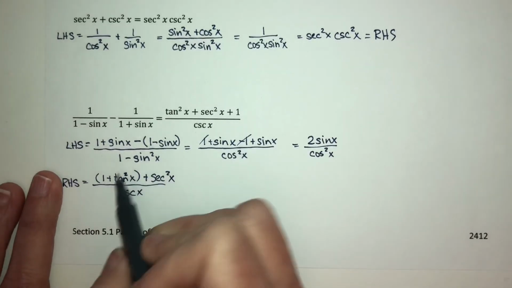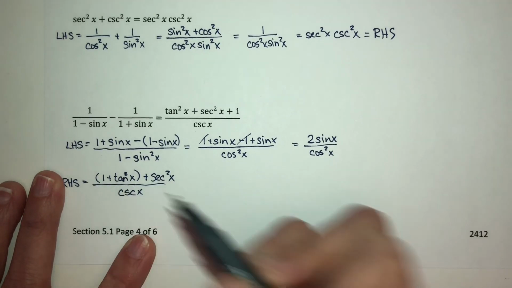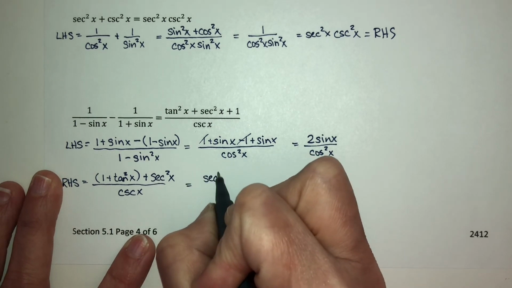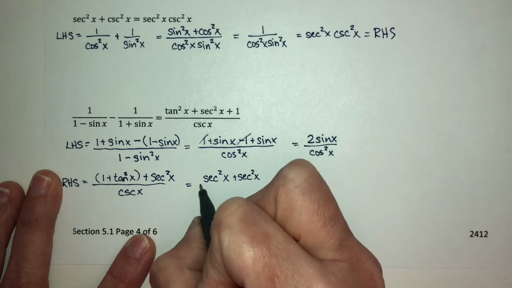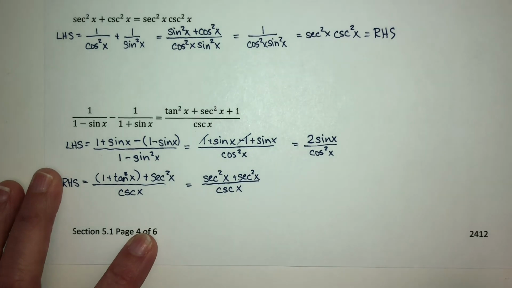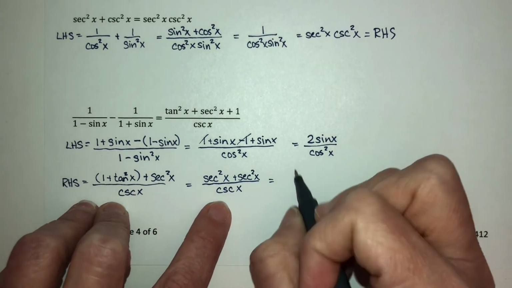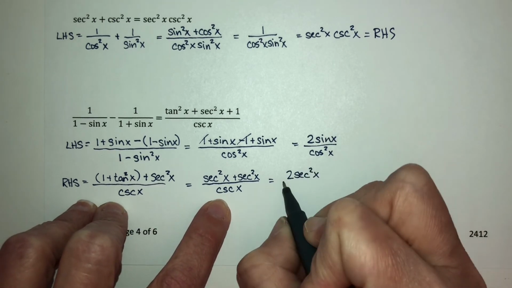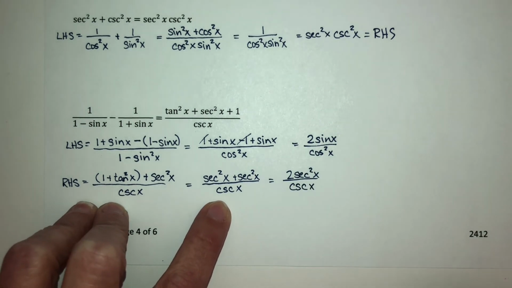Okay, and then from the identity, 1 plus tangent squared of x is secant squared x. Okay, so I have 2 secant squared x over cosecant x.